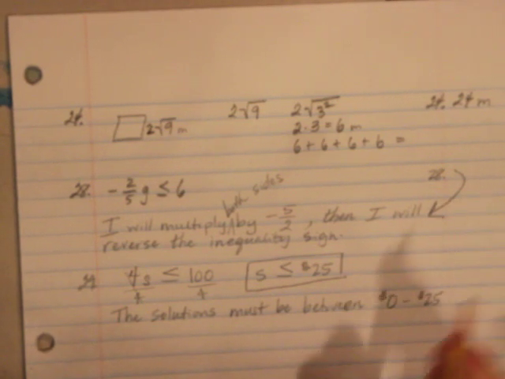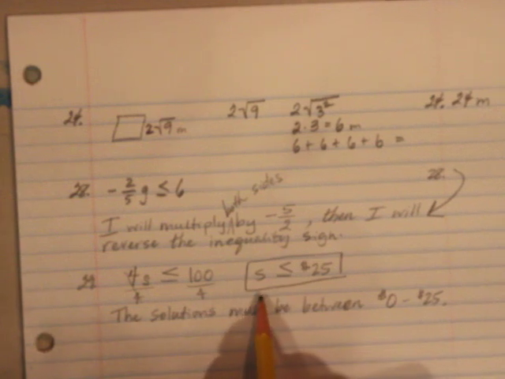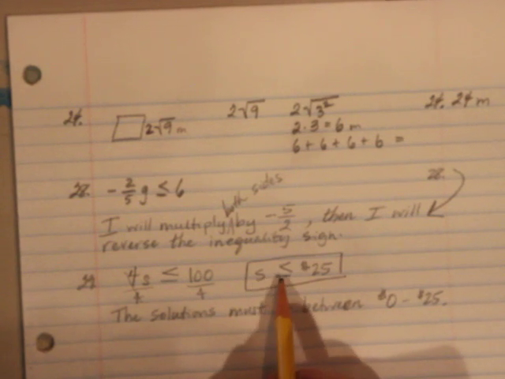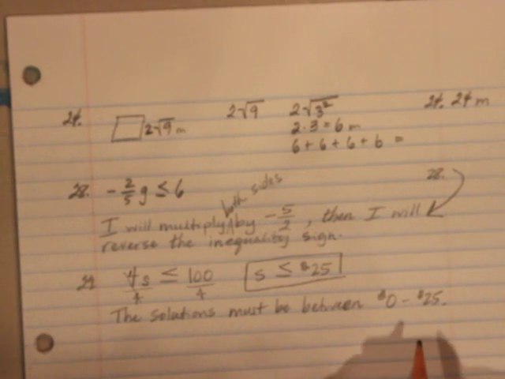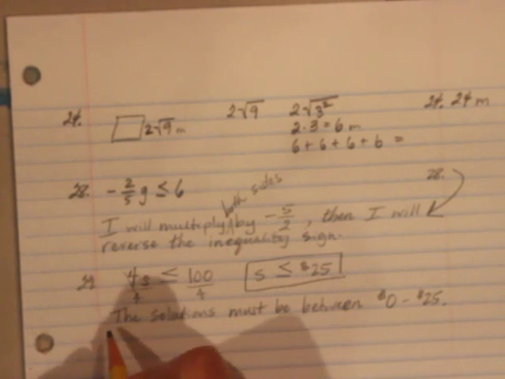Now the reason we have to say that is because what I've got in my inequality is that S can be anything less than $25. However, it's impossible for Kyle to spend negative dollars on a person unless he's really good with coupons, right?